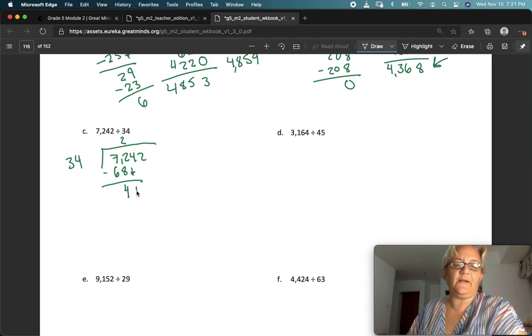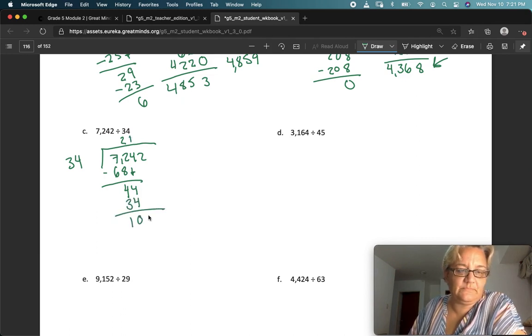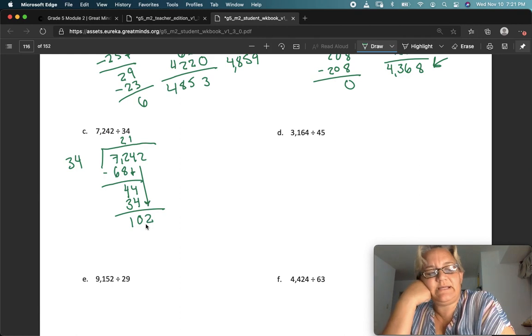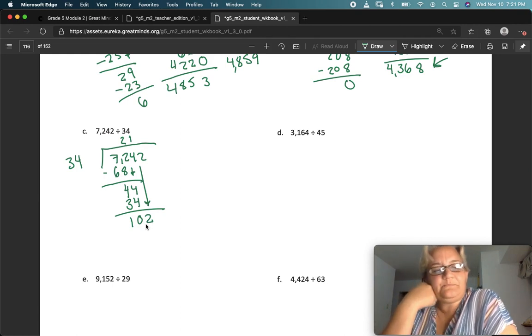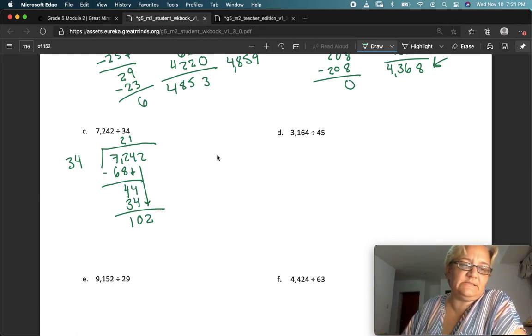Bring down the 4. 34 into 44 will go one time, and I'll have 10 left over, right? Bring down the 2. 34 into 102. Will it fit 3 times? I think it will. 33 times 3 would be 99, so 34 times 3 is going to be pretty close. Let's see.